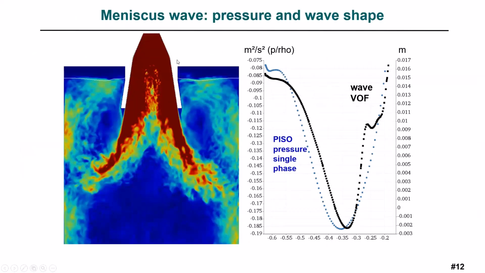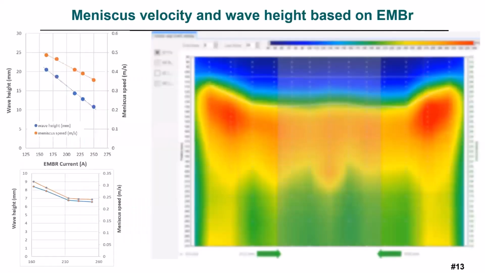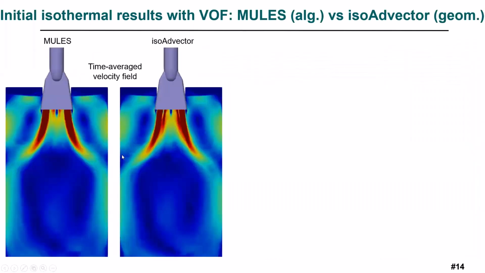You can use some kind of Bernoulli approximation to estimate the wave height. And so we got a really big difference. At least we were of the same order on the submeniscus velocities. This, I think, is the orange lines, but we underpredicted the wave height by 2 or 3 times. So that's why I decided to perform such simulations using VOF.